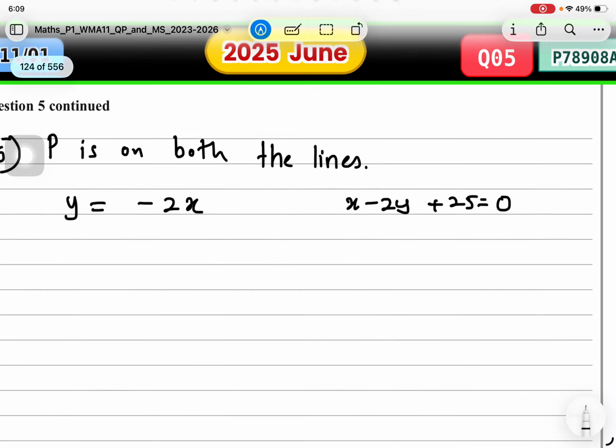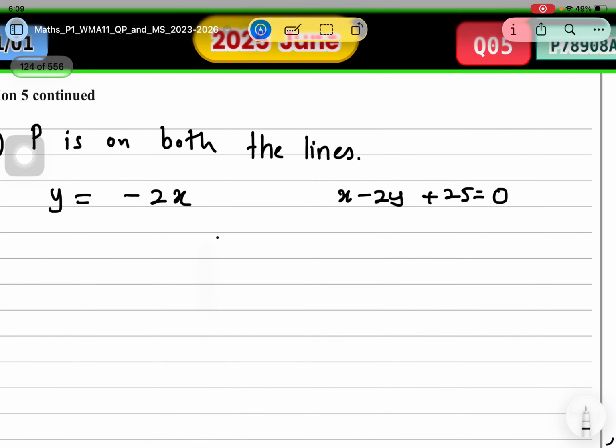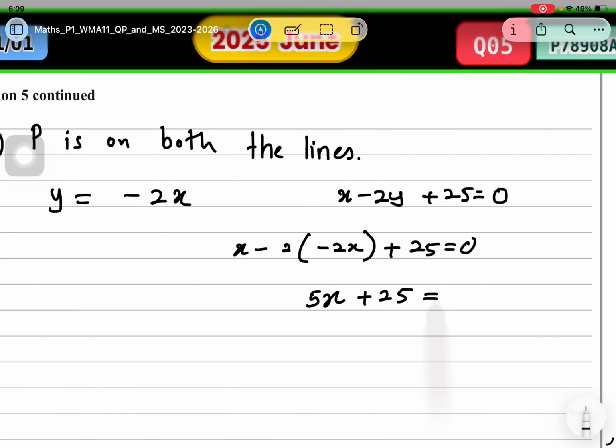Yes, we can substitute y from the first equation into the other one. It will be x minus 2 times -2x plus 25 equals 0. So here this will be positive 4x and an x, so it's 5x plus 25 equals 0. So x will be -25 divided by 5, which is -5.